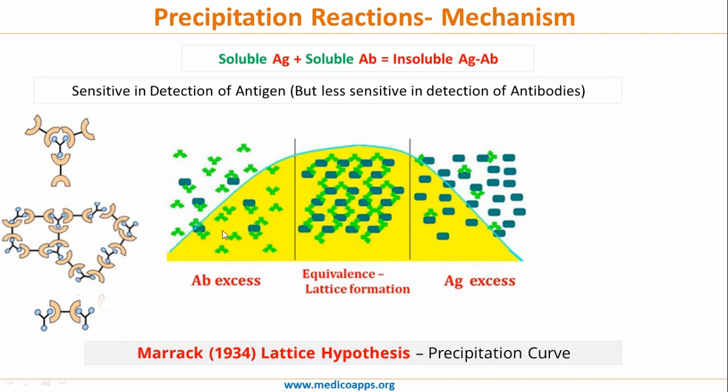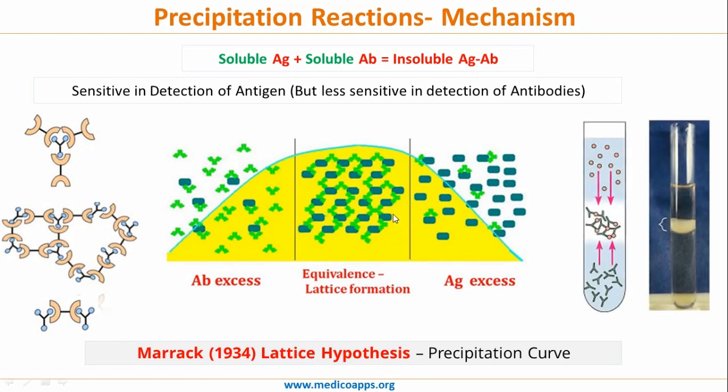This is the precipitation curve, which means that at the point of equivalence, the lattice is formed. This can be seen in this experiment, where in the zone of equivalence the lattice formation happens.